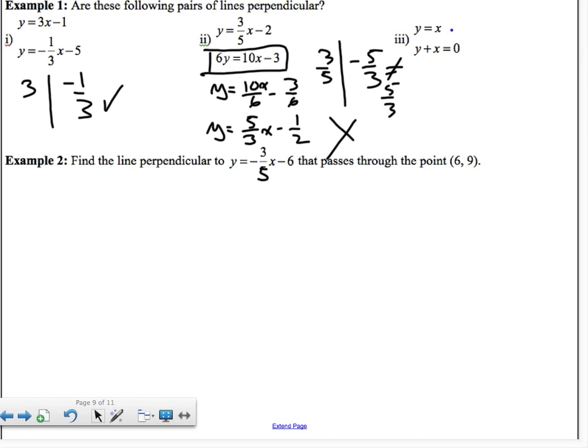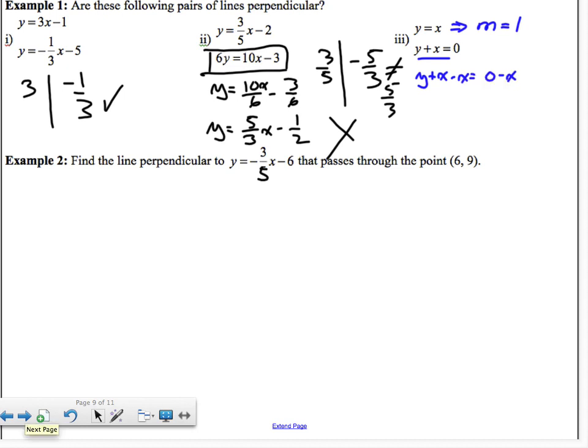What's the slope of this one? Slope is just 1. Well, here, is it in slope-intercept form? No. So how are we going to get slope-intercept form? We have to isolate y, so how do we get y by itself on this side? Subtract x?